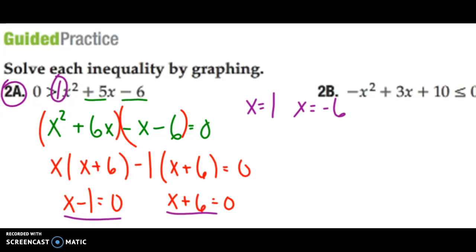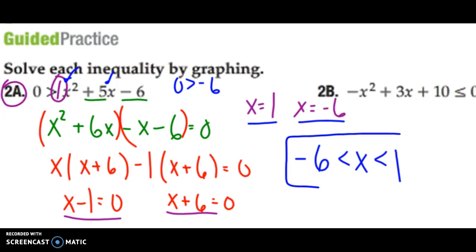Okay, and so you can actually try the point 0, 0, it's going to be in between there. And so if I put 0 in for x right here and here, I end up getting 0 is greater than negative 6, which is true. It means my answers are within 1 and negative 6. So my answer is going to be negative 6 less than x, which is less than 1. And you can check that on your calculator or if you were to graph it.